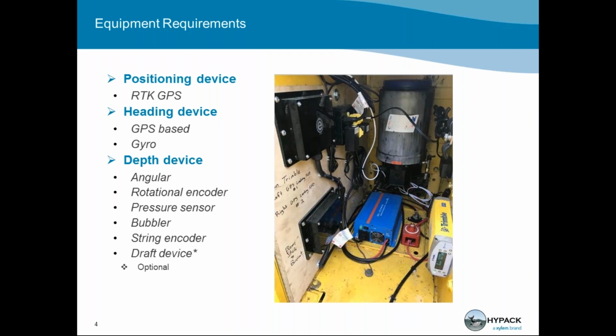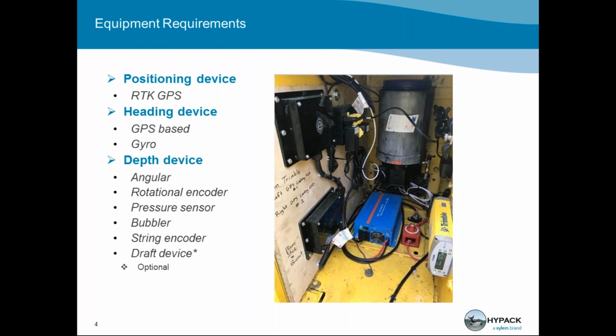We can compute depth based on an angle. Rotational encoder, say on a crane, we can put a rotational encoder on a drum to measure the up and down of the winch and the wire on the drum of the winch to measure the payout. We also can interface pressure sensors directly into HiPAC.